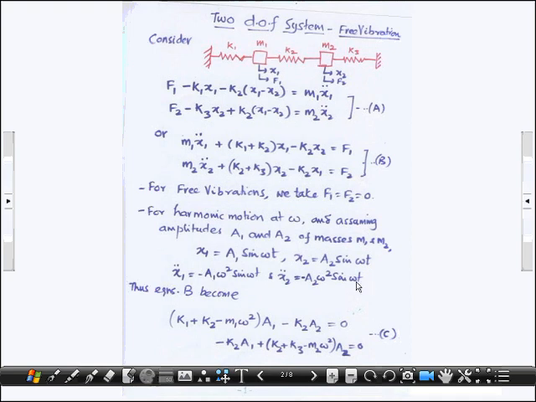Now if you substitute x1, x2 and their double dots in the two equations of motion of set B with F1 and F2 both equal to 0, we have the equations: (K1 plus K2 minus M1 omega square) into A1 minus K2 A2 equal to 0, and the second equation being minus K2 A1 plus (K2 plus K3 minus M2 omega square) into A2 equal to 0. In both of these equations, we will find that we have removed sin omega t that appears in each of the terms.